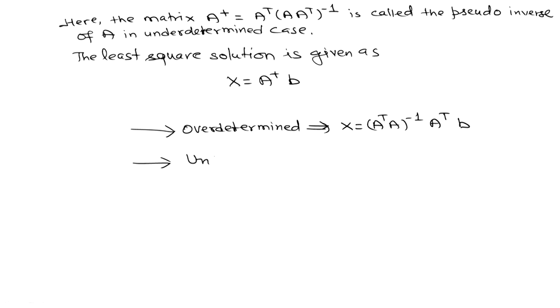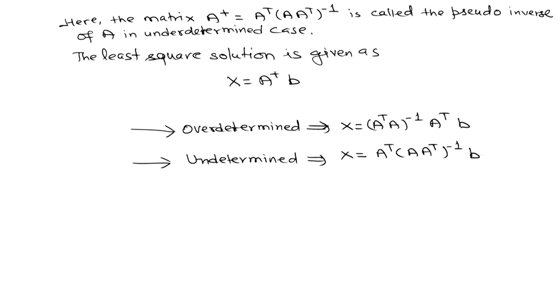If the system is underdetermined, means fewer equations than unknowns, then the least square solution is given as A transpose (A A transpose) inverse into b.